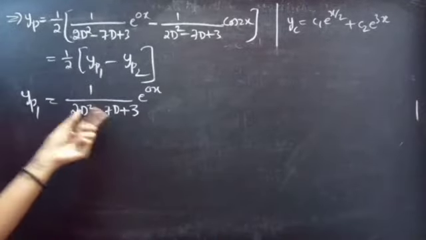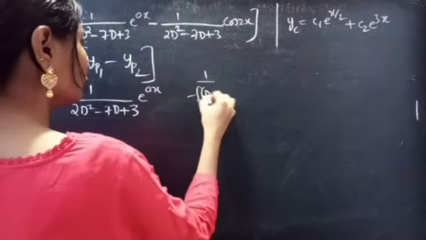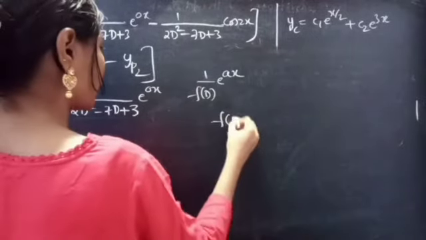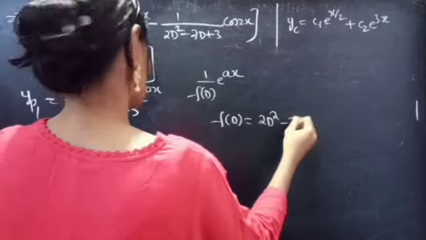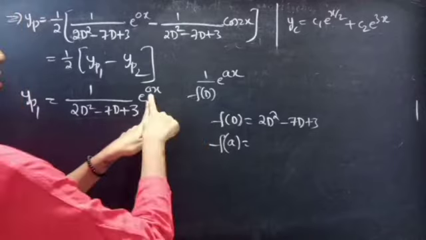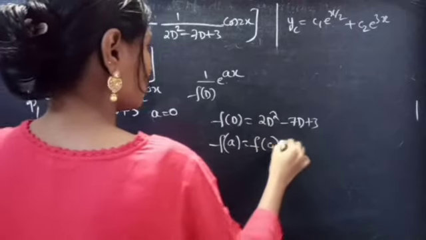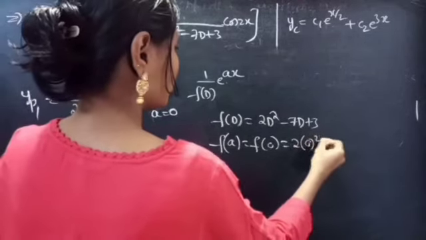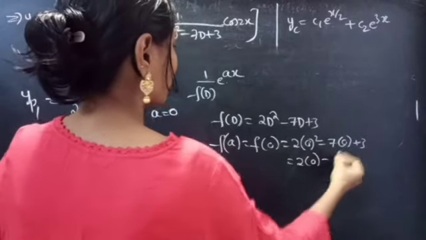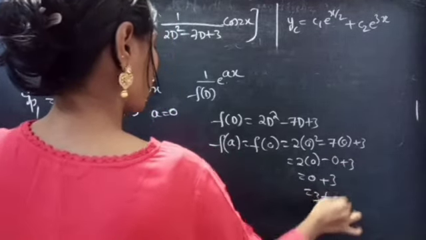Let's find yp1, 1 by f of D into e power 0x. This is of 1 by f of D into e power ax form, right? We have f of D as 2D square minus 7D plus 3. Let's find f of a. Now compare e power 0x with e power ax. Then for a equals 0, f of 0 equals 2 into 0 minus 7 into 0 plus 3, which is 3, non-zero.